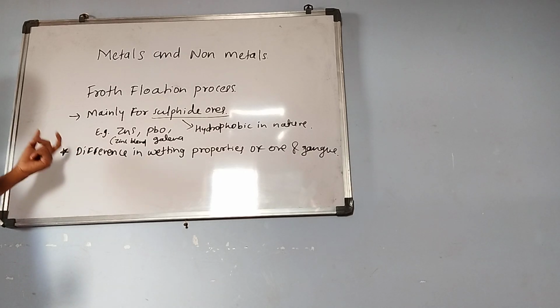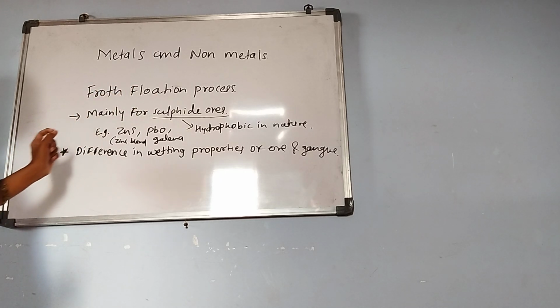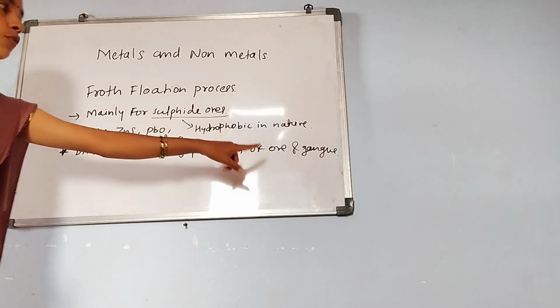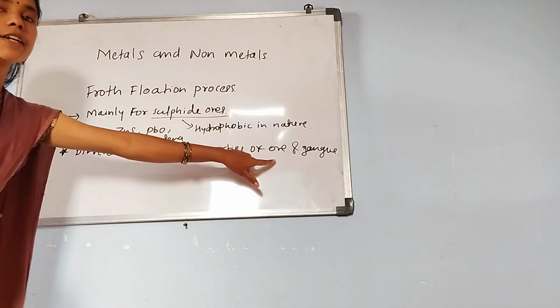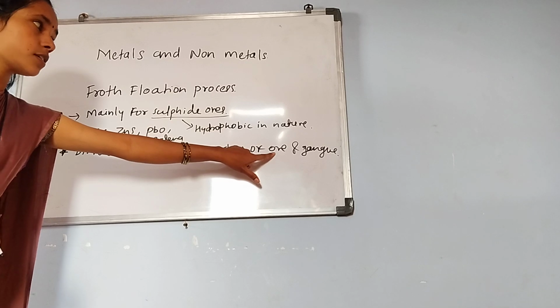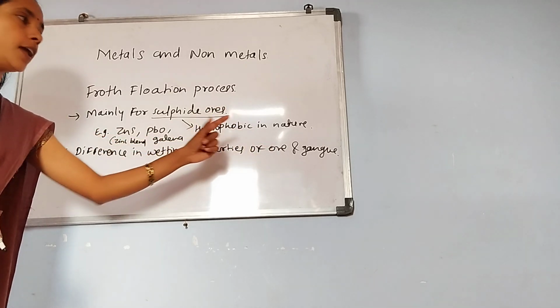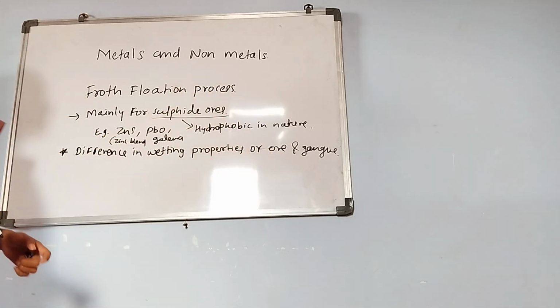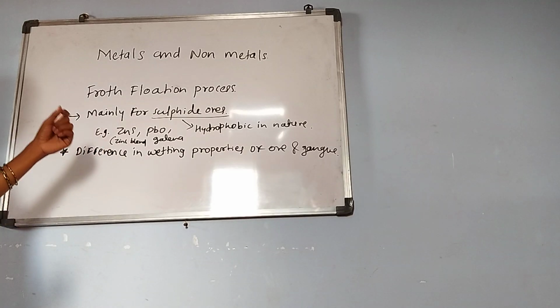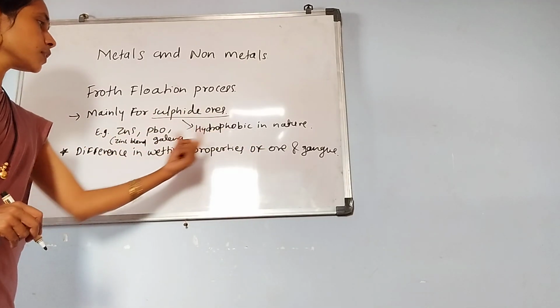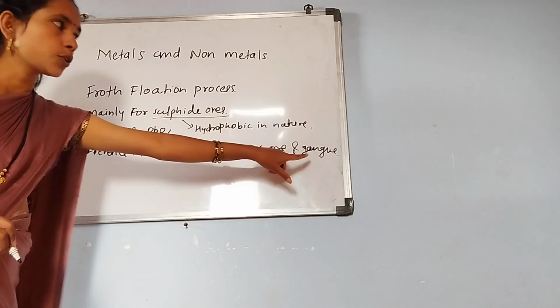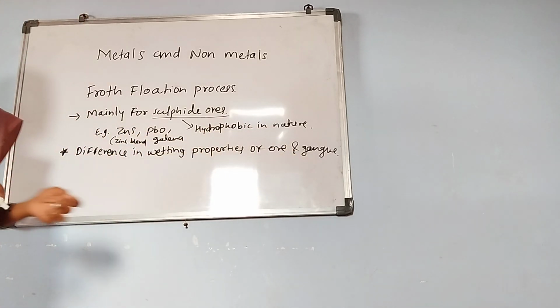The main principle of this process is the difference in wetting properties of ore and gangue. It means the ore has a solubility with oil and gangue has a solubility with water. The ore is wetted by the oil and gangue is wetted by the water.